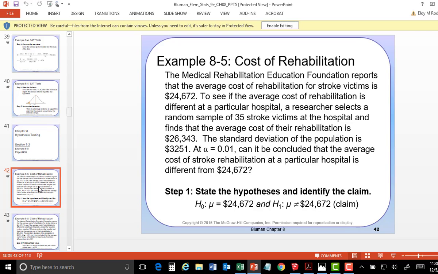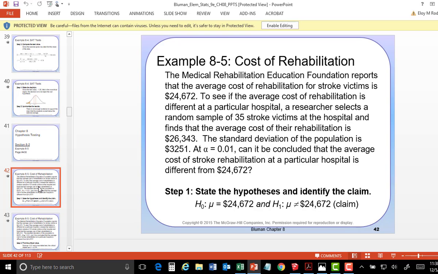Well, here's a situation where, look at this test. We have mu, they're claiming, is 24,000, and the alternative, which is really the claim, is that it's not equal to 24,000. So how many tail tests is that?